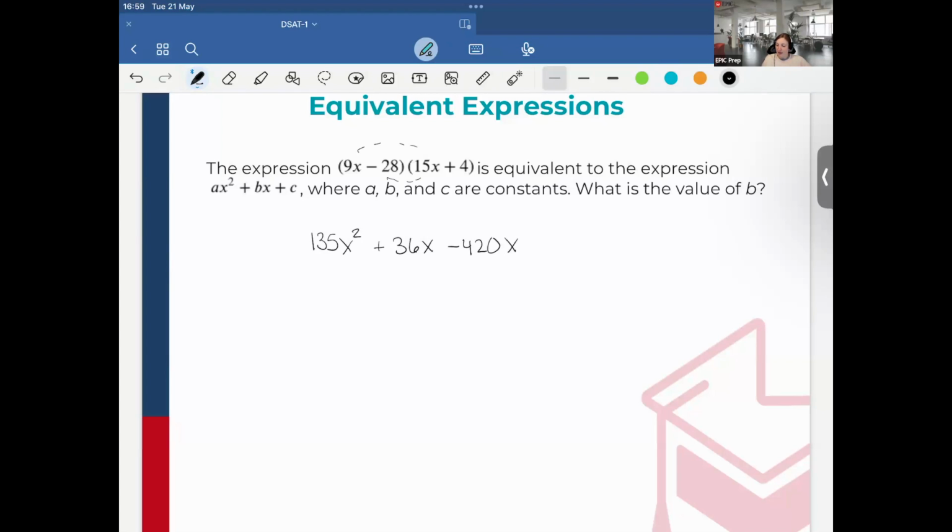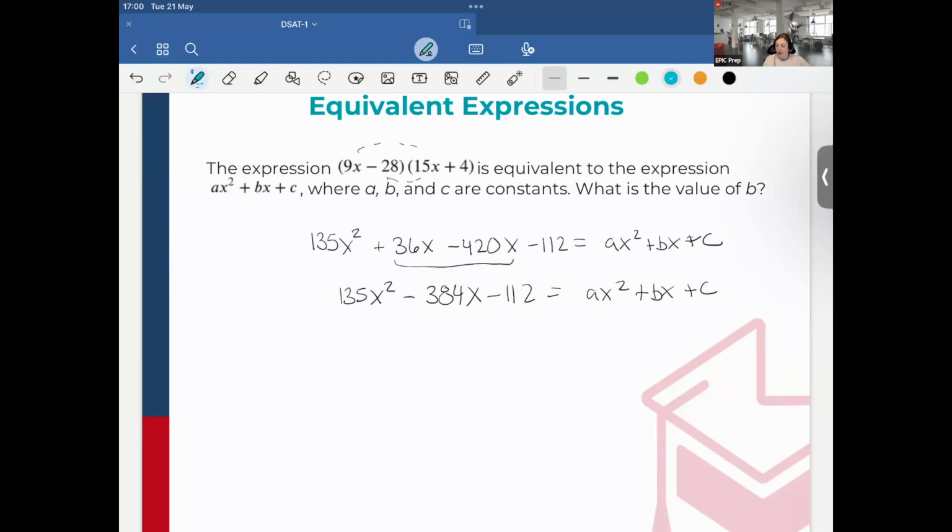and then negative 28 times 4 is minus 112, and this is all equal to ax squared plus bx plus c. And then from here, 135x squared, simply combine the like terms, so combine the x's, so this would be minus 384x minus 112 is equal to ax squared plus bx plus c.